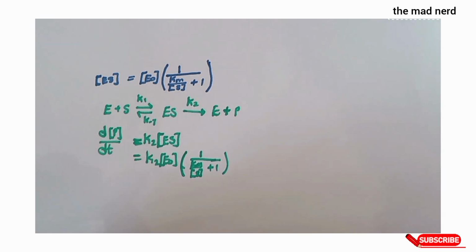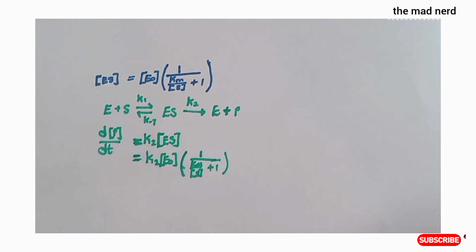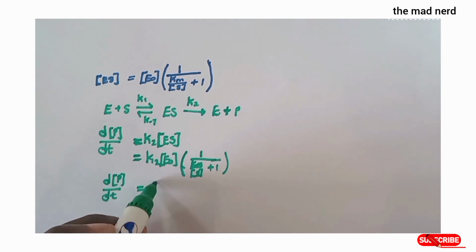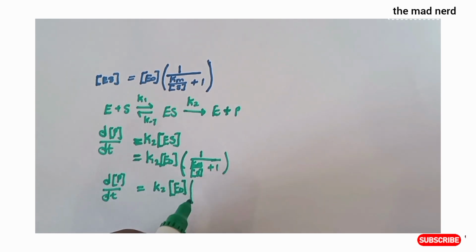And now what I need to just remind you, once we are here, we can see that we have the rate of formation of the product, which is equal to K2, the concentration of E naught, and then into 1 over the Km over the concentration of S plus 1, and then close those brackets.